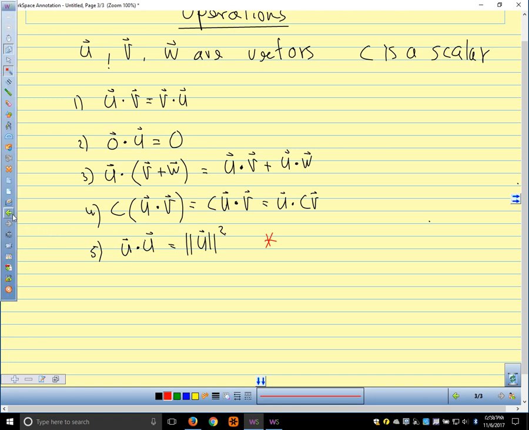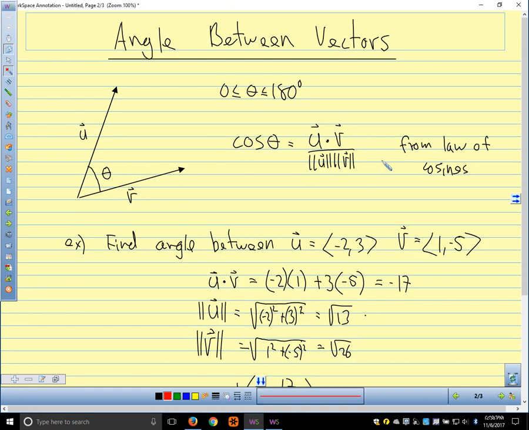Well, let me go back here really quickly, and let's look at this. We're going to rearrange this to give us another way to find the dot product.